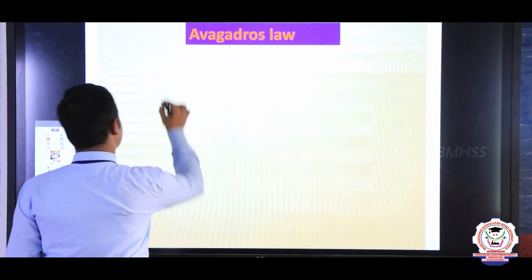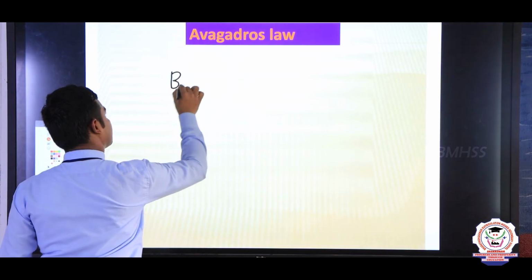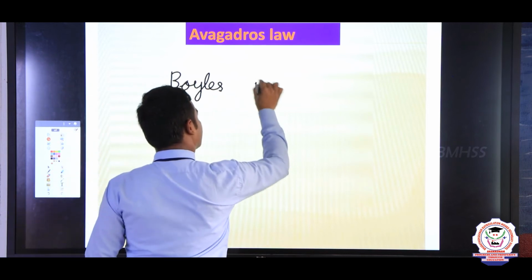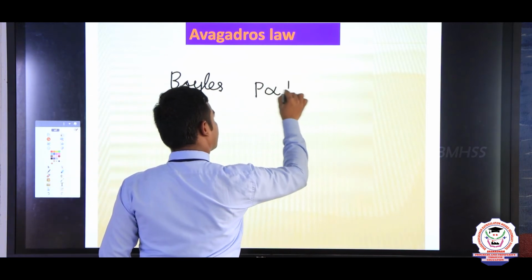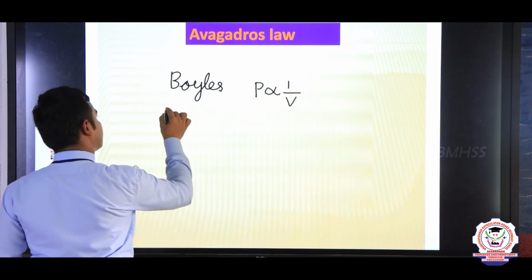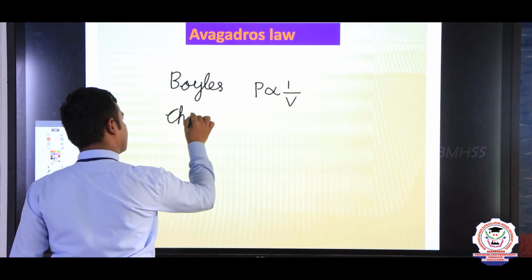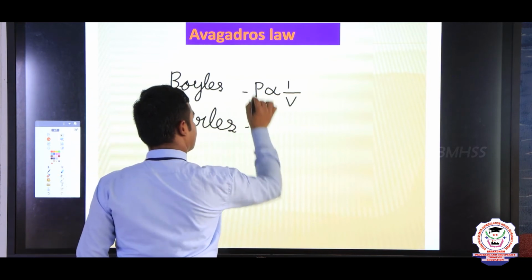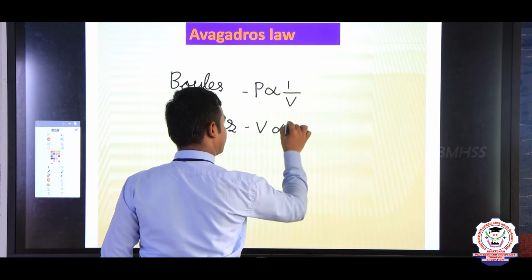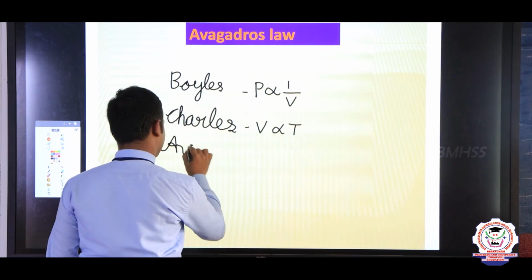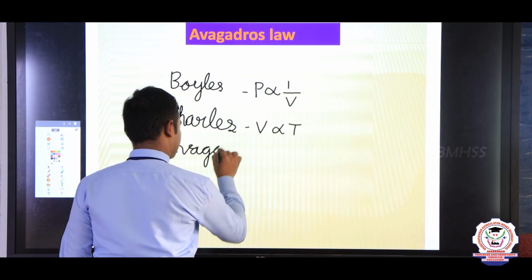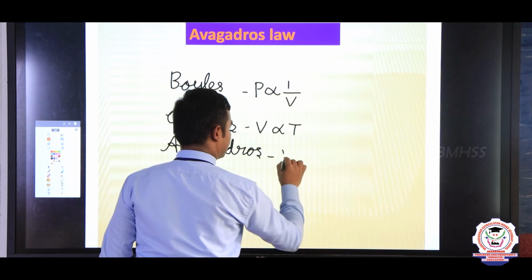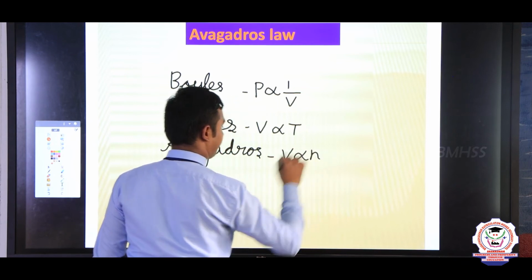You know Boyle's law, from which P is directly proportional to 1 by V, and you know Charles's law, in which V is directly proportional to T. In Avogadro's law, V is directly proportional to N.